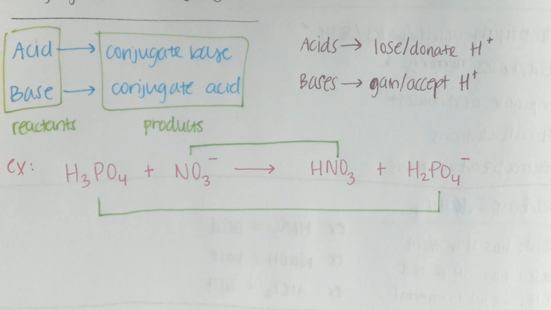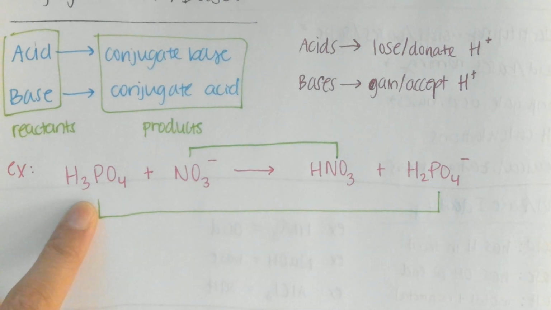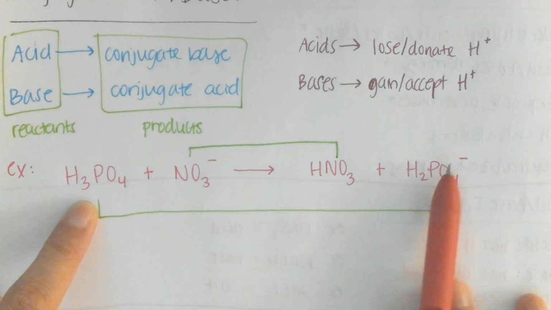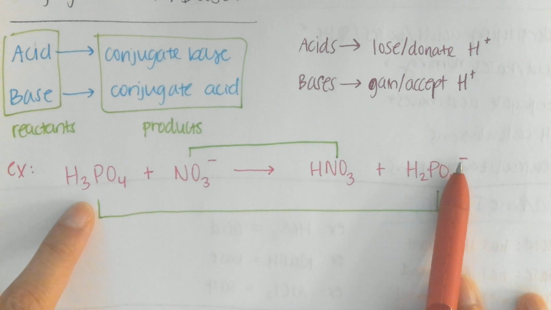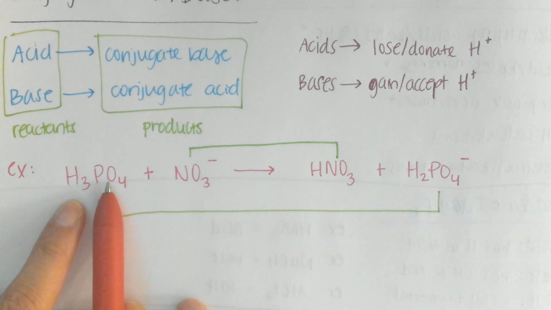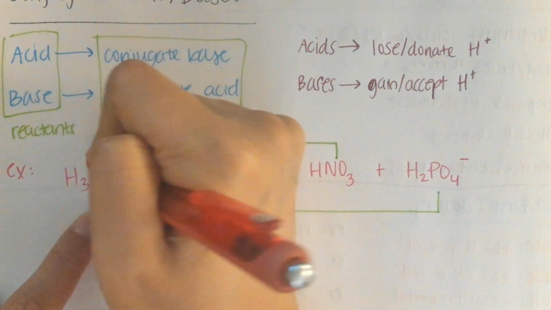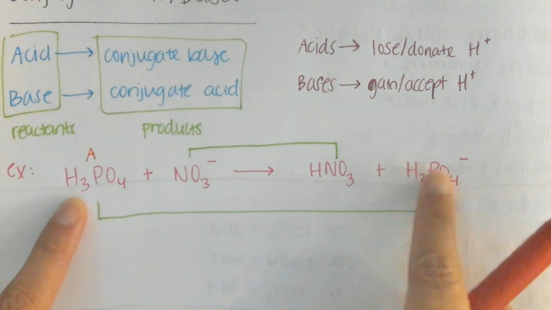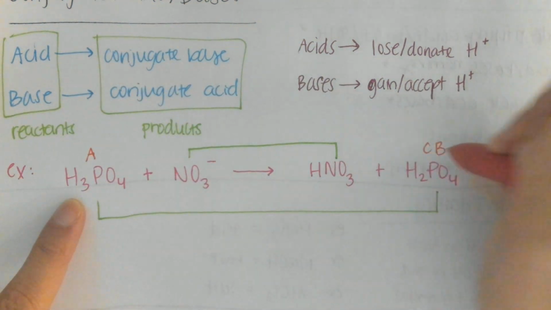And then you figure out, does it lose, does it gain, what's going on? H3PO4 to H2PO4, what happens? It loses, so that makes H3PO4 the acid. And then the acid makes a conjugate base.